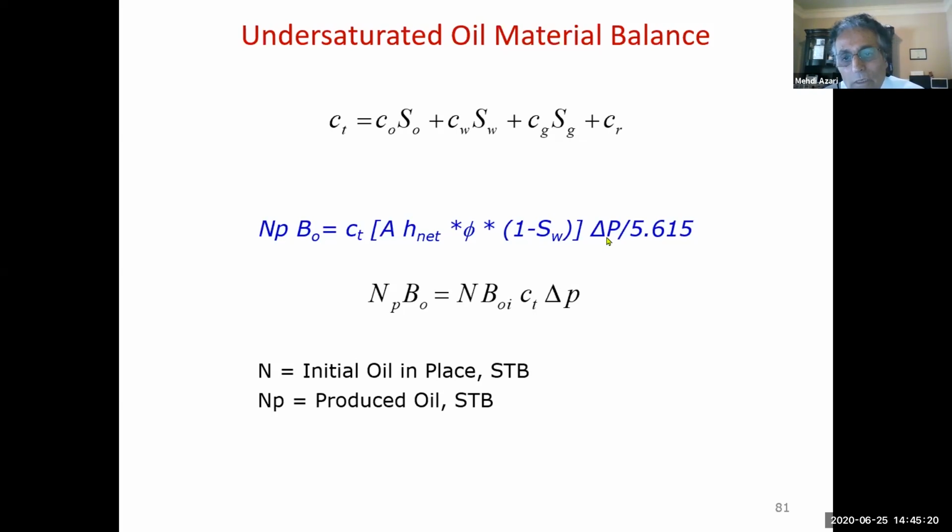Porosity, 1 minus saturation, delta P, divided by that one, or Np Bo is equal to N, total oil in place, total compressibility, and delta P. So now you can say, okay, if I have this much oil, 1 million, remember that 1 million barrels of oil, and I produce 10,000 of that one, and then CT, remember before was like 3 or 4, and then 10 times 10 to the power minus 6, and then how much pressure drops. So now the pressure is not going to drop that much because now you got more of these fluids here.